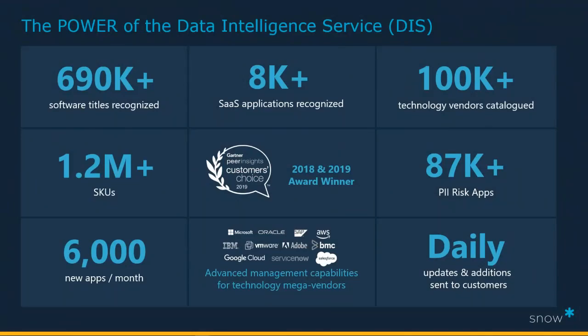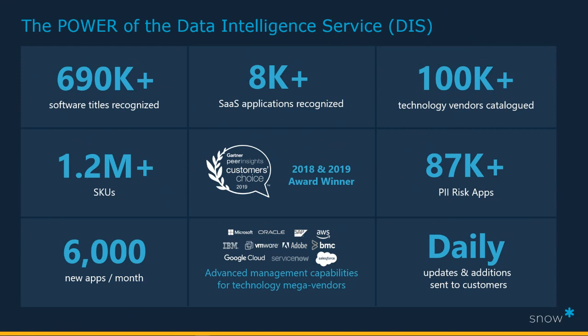I wanted to touch again on the power of Snow's Data Intelligence Service. Snow has the largest SAM database in the marketplace, and it can automatically normalize raw inventory data. All those executables, which are difficult to understand, we compare to over 690,000 applications in our database from over 100,000 software vendors.